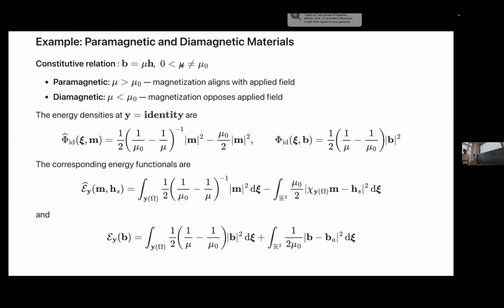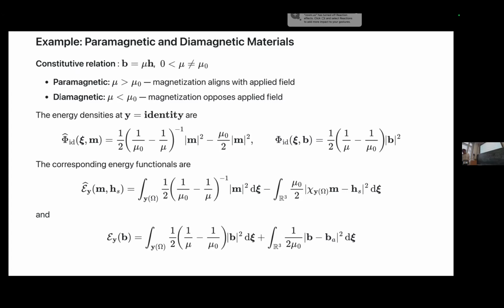In this isotropic case, the magnetic induction is proportional to the magnetic field through a constant, which, if you are not in vacuum, is different from mu naught. And if this constant is greater than the magnetic permeability of vacuum, then the magnetization aligns with the applied field, and the material is said to be paramagnetic.